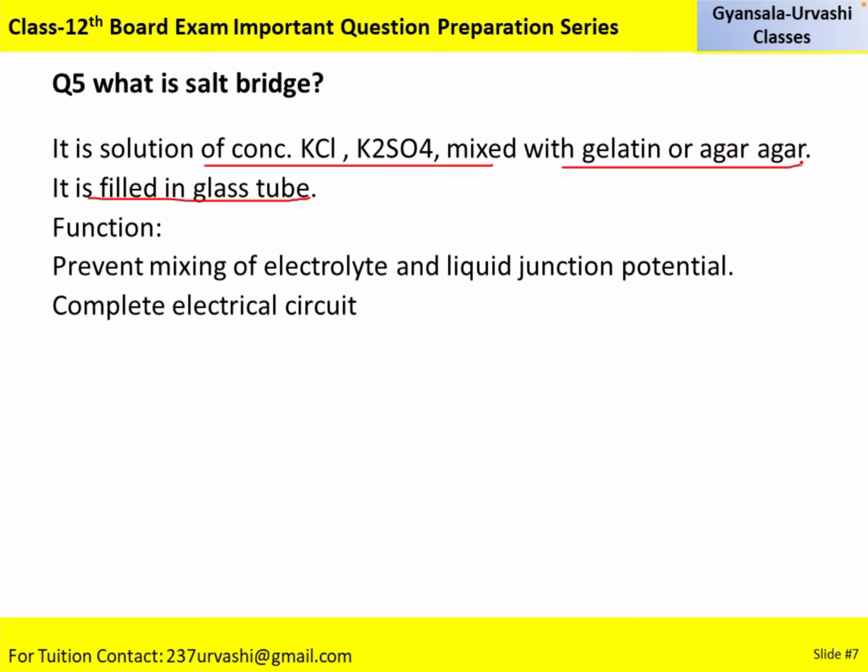Agar agar or gelatin is jelly forming. Like eatable jelly has a texture, after mixing with water, once you leave it in air, they generally form this type of composition. This solution will be mixed in this, and this full solution will be filled in this glass tube.